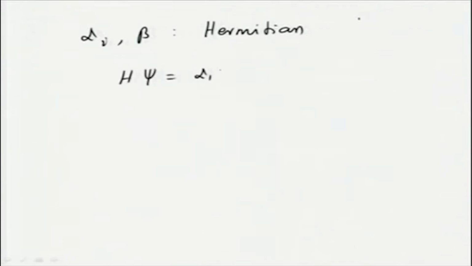Now, the other property of alpha I and beta is that they are Hermitian. And how do we see that? H psi is equal to alpha 1 p 1 plus alpha 2 p 2 plus alpha 3 p 3 plus m beta psi.